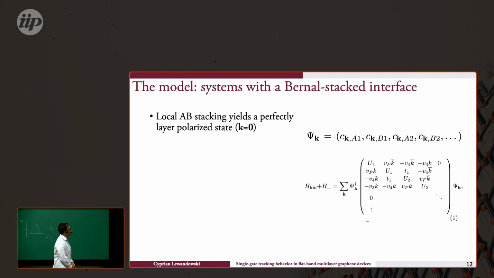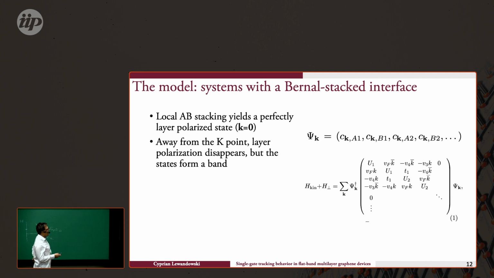Firstly, what I would like to emphasize is that if you look at the standard form of any of those continuum model Hamiltonians, they locally have an AB stacking form, which means that at the Dirac point, or a point where k is equal to 0, if I put 0 along this direction, 0 along this direction, I have a perfect eigenstate which is localized on a particular surface layer.